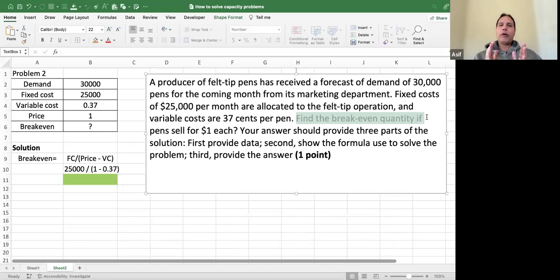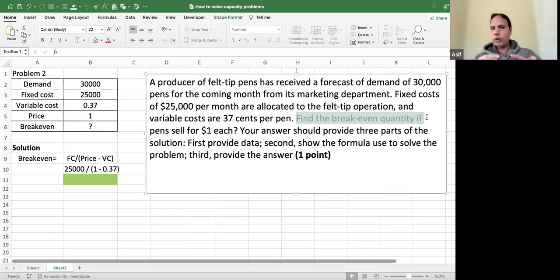So break-even point is the point at which your revenues that are coming into your pocket and your expenses that are going out of your pocket become equal. And because your revenues and costs are equal, your profit is zero, because when you subtract cost from revenue, that gives you profit.